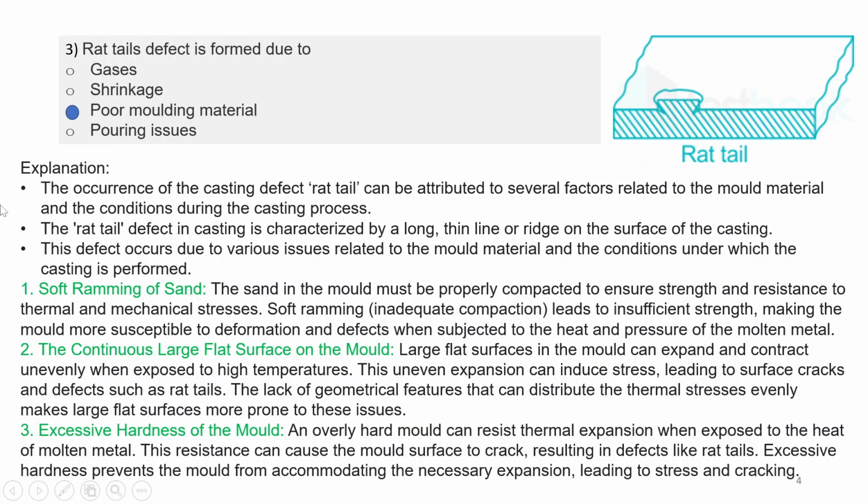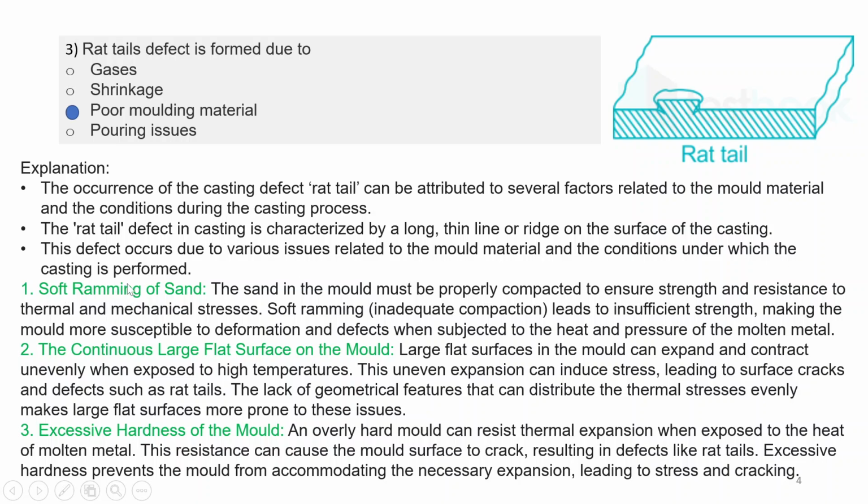The occurrence of the casting defect red tail can be attributed to several factors related to mold material and the conditions during the casting process. The red tail defect in casting is characterized by a long thin line or ridge on the surface of the casting, and this defect occurs due to various issues related to the mold material and the conditions under which the casting is performed.